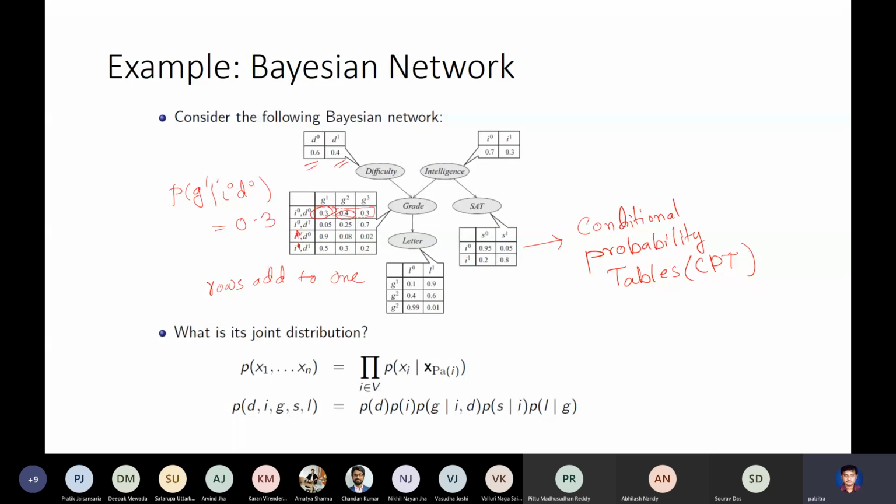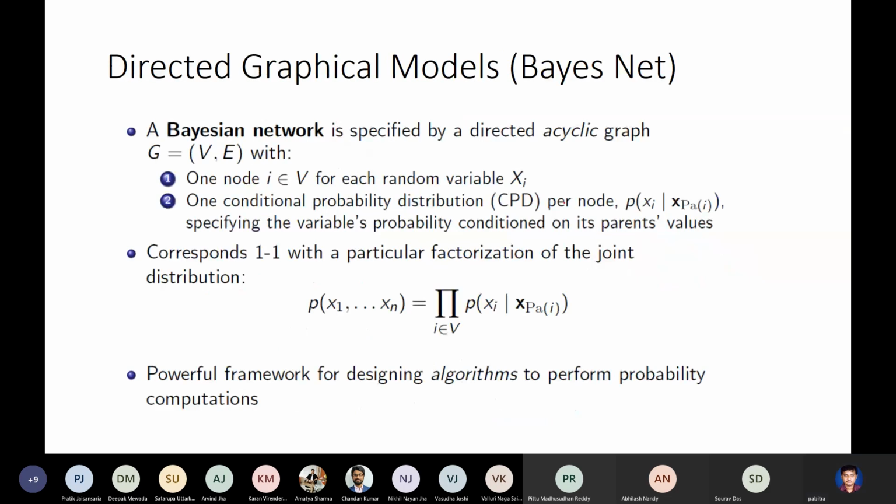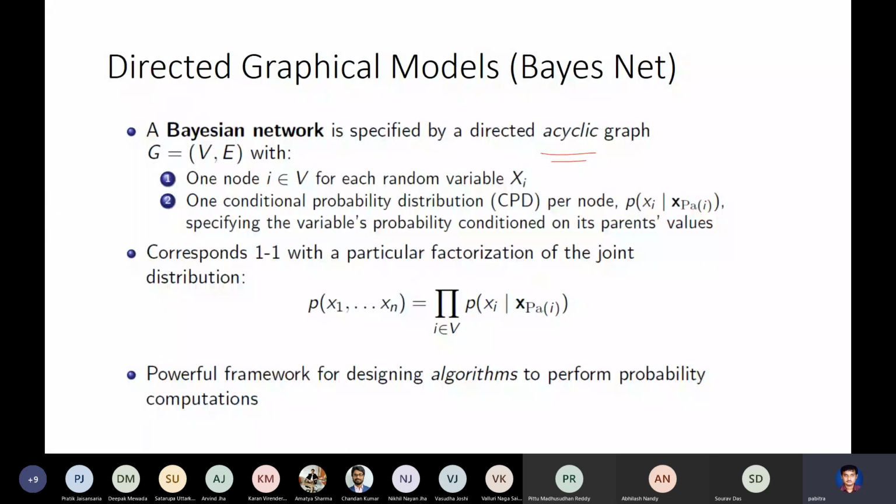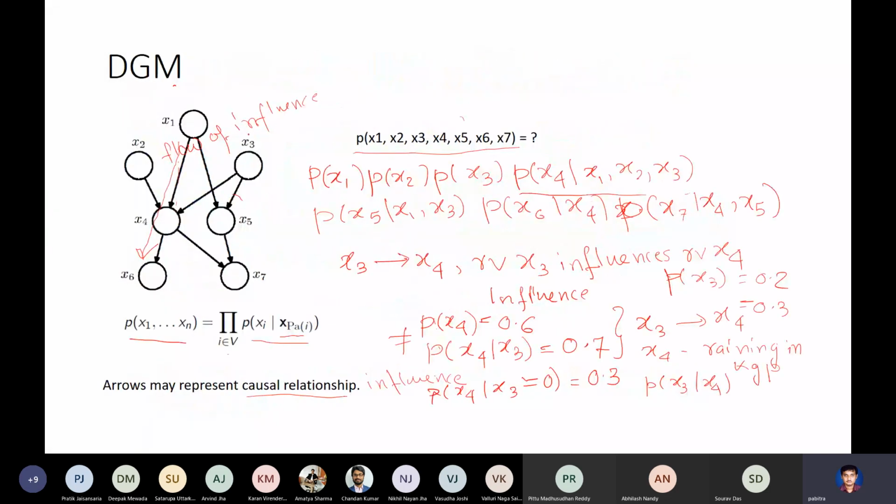By the way, one more thing I forgot to mention in the structure, that this would be a directed acyclic graph. It is acyclic because of the nature of the influence. If X3 influences X4, it's not that there is another cycle which would be recursive.